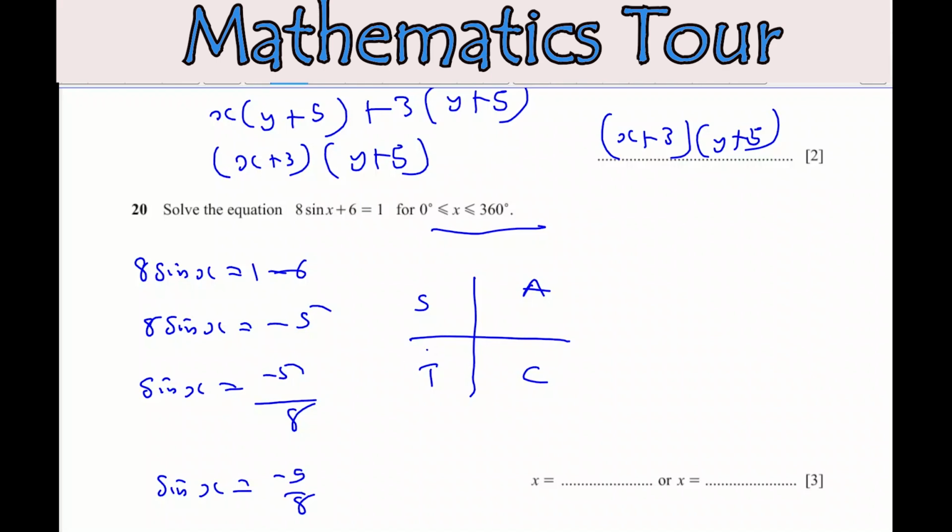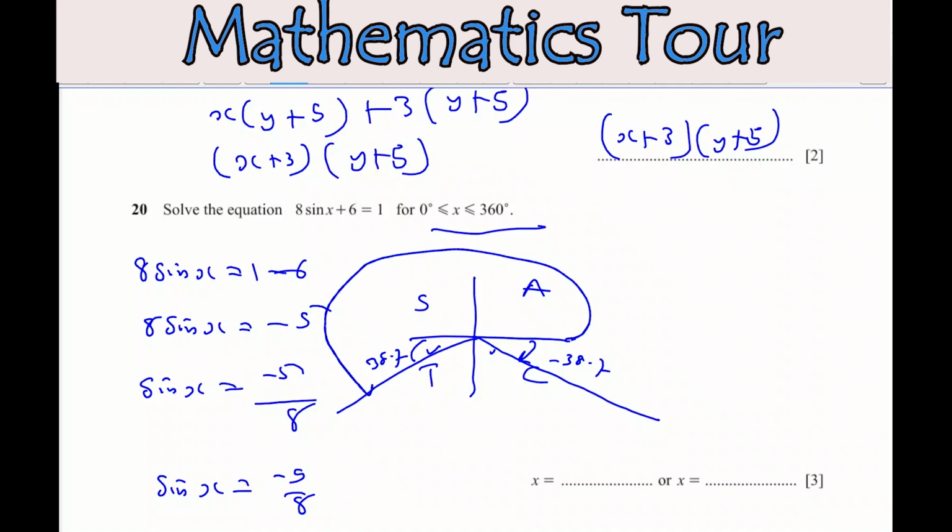Sine is negative here and here. So I'll draw a line here. That is negative 38.7 moving towards this direction. Ordinarily it should be like this, but since it is negative it will be like this. So this angle here is also 38.7. They are equal.